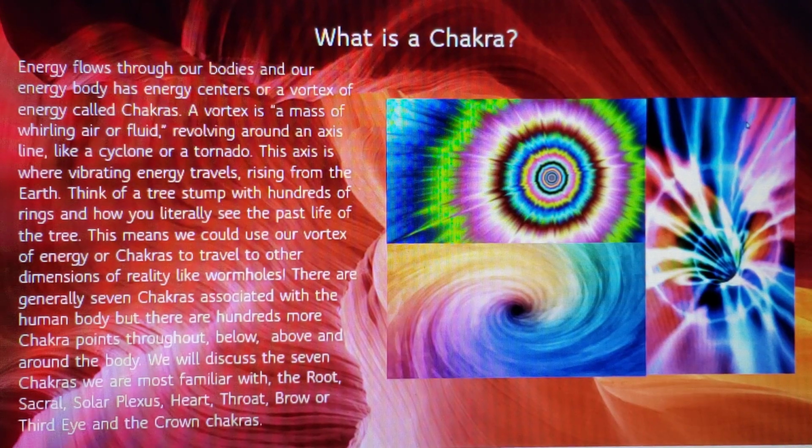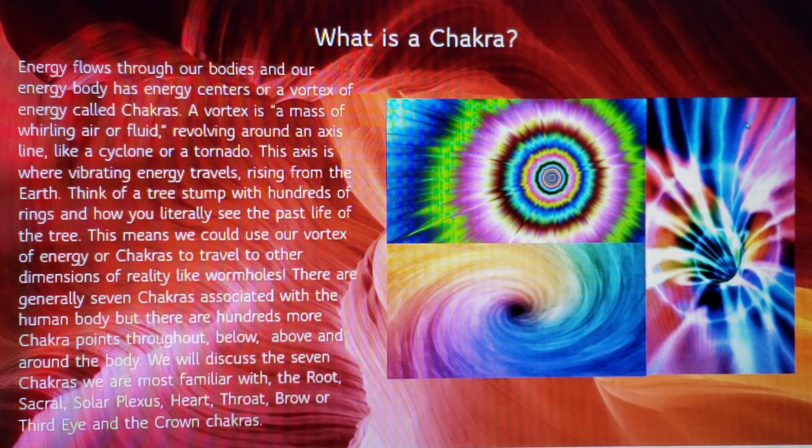So when you think of a tree stump with hundreds of rings around it, you pretty much see the past life of the tree. So that's what we're reading here. This means we could use our vortex of energy or chakras to travel to other dimensions of reality, just like wormholes. So that's what you kind of see on the side with the artwork here.